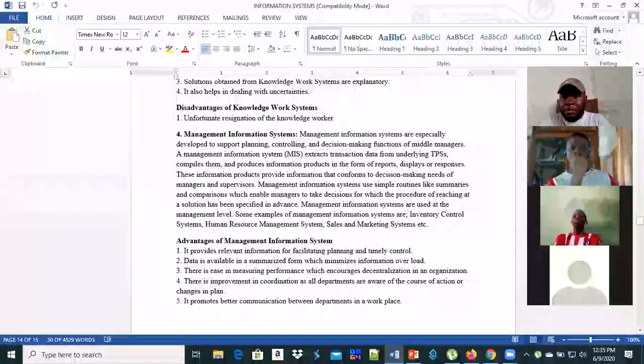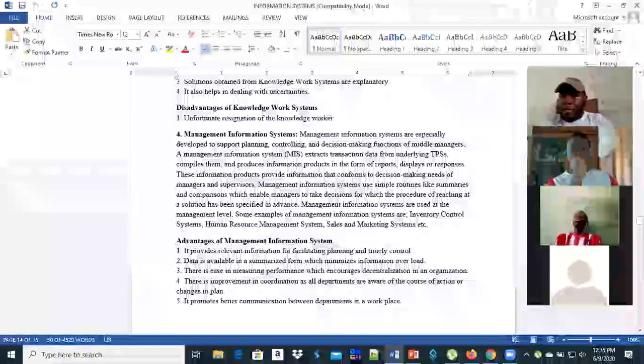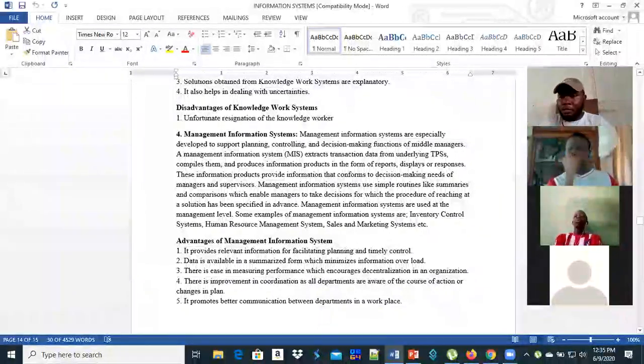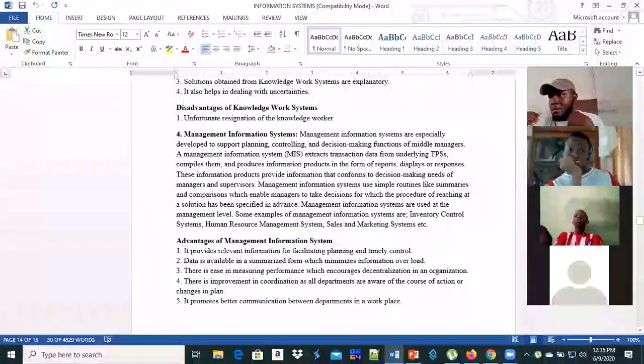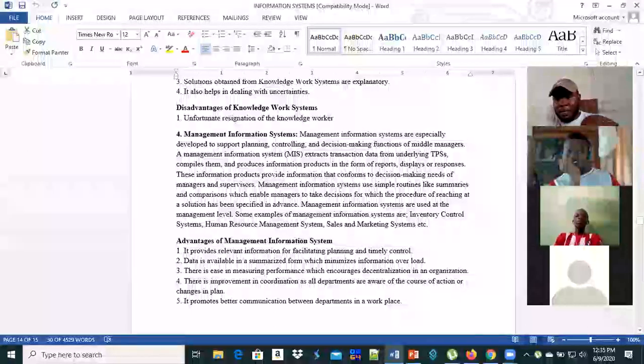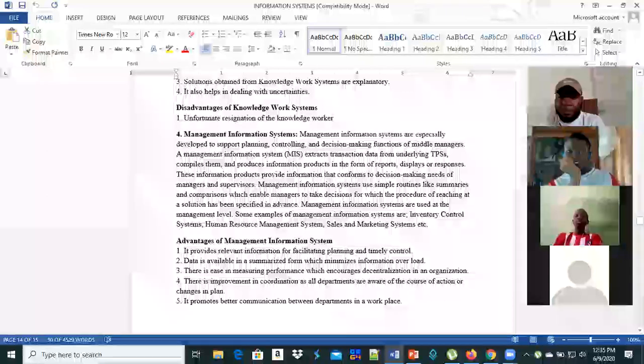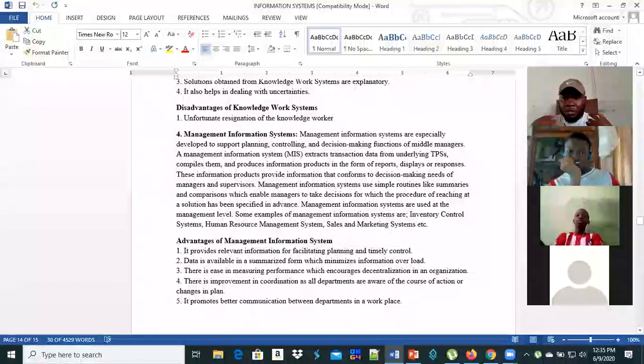At the management level, it is very, very critical. So we have management information systems for organizations, for the human resource department to know their workers, those who will be going on leave, those who applied for leave, those who are due for promotion, and a whole lot. That is the management information system. Hospitals also have their information systems.